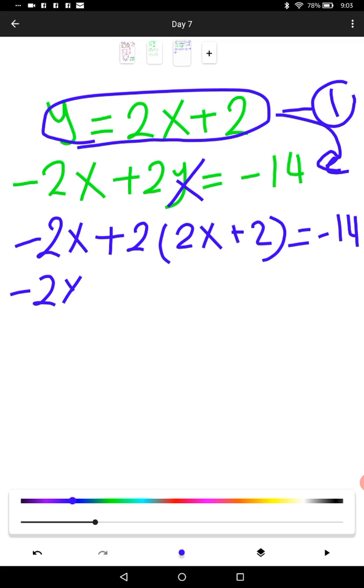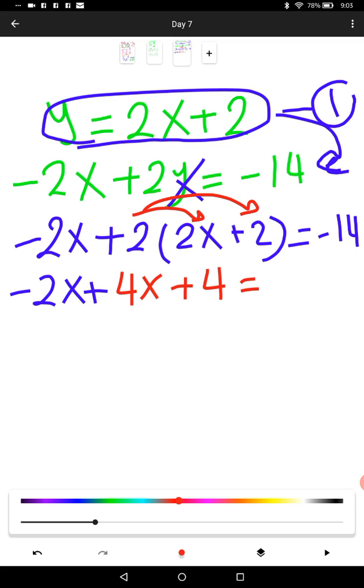Negative 2x plus... you know, to get rid of this parentheses, you will use the distributive property. You will multiply 2 times 2x and then 2 times 2. 2 times 2x equals 4x, correct? Plus 2 times 2, 4. And on the other side we have negative 14.